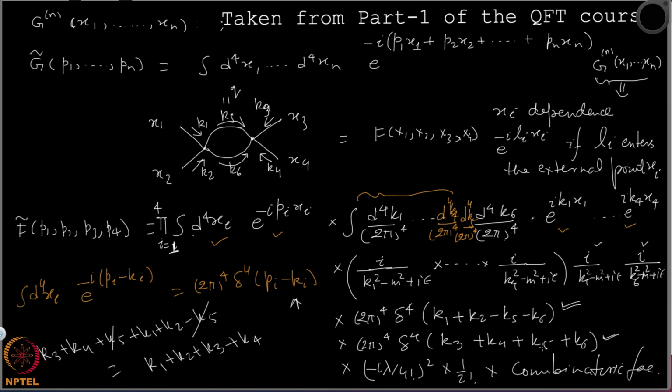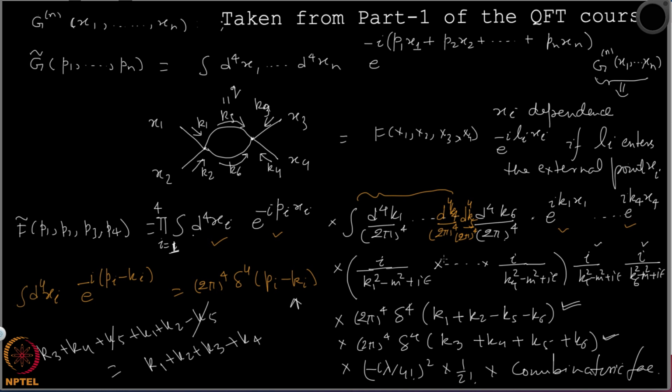Okay, and let's see what happens then. So if you take this exponential coming from the Fourier transform and that exponential coming from the Feynman rule for g in x coordinates, you get a delta function (2 pi)^4 delta^4(p_i minus k_i).